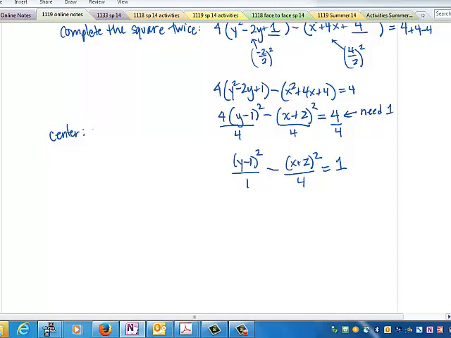So -2, 1 for the center. Because the y squared group has the positive coefficient, this opens vertically. And let's see, the a value would be the square root of 1, and the b value would be the square root of 4, which is 2.